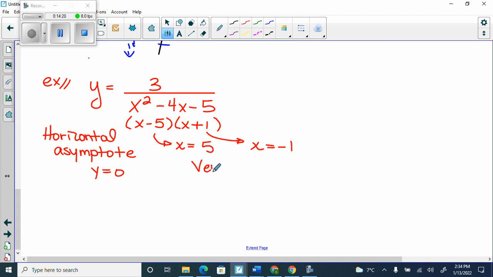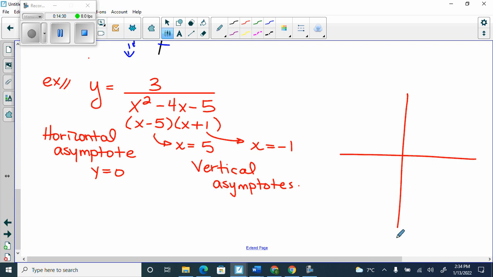So that's my vertical asymptotes. So we have y equals 0, which is actually just the equation of the x-axis, and then negative 1 and 5.